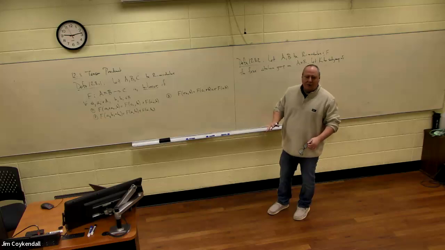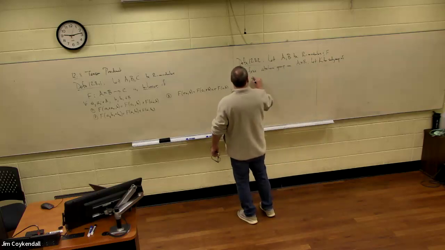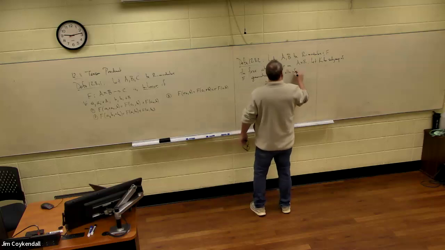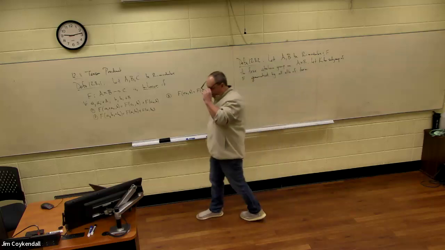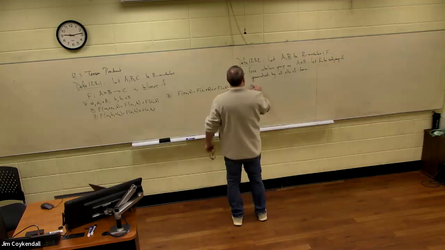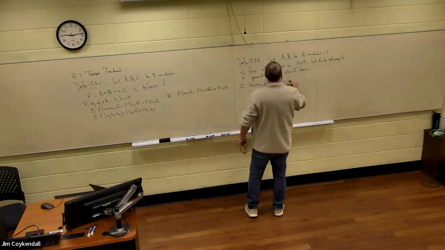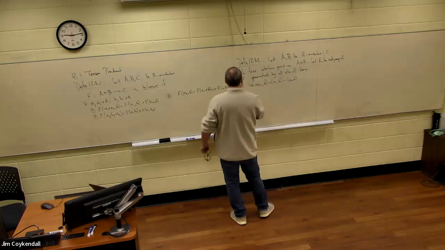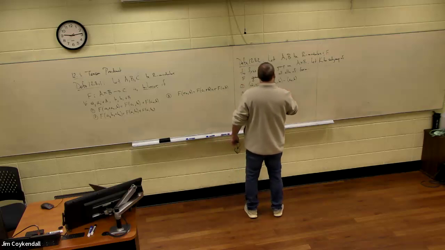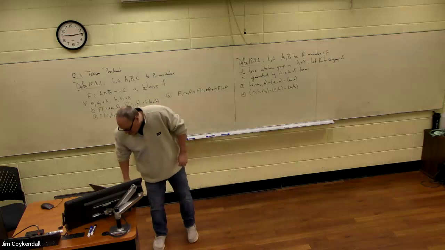I'm going to show you what this is, and then I'm going to show you how to manipulate it. Let K be the subgroup of F generated by all elements of the form (A1 plus A2, B) minus (A1, B) minus (A2, B), and (A, B1 plus B2) minus (A, B1) minus (A, B2), and (rA, B) minus r(A, B).